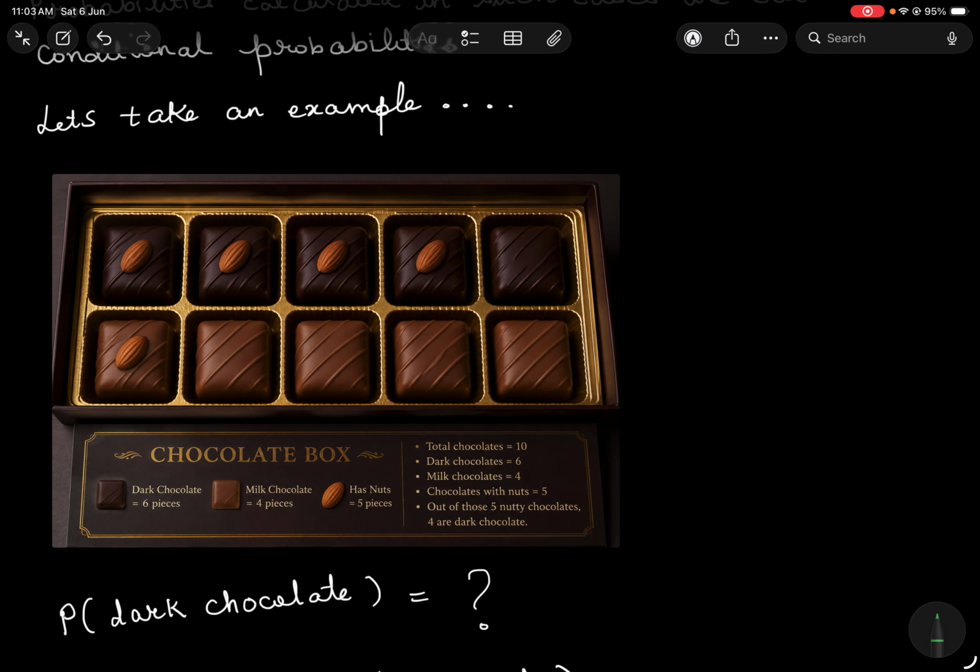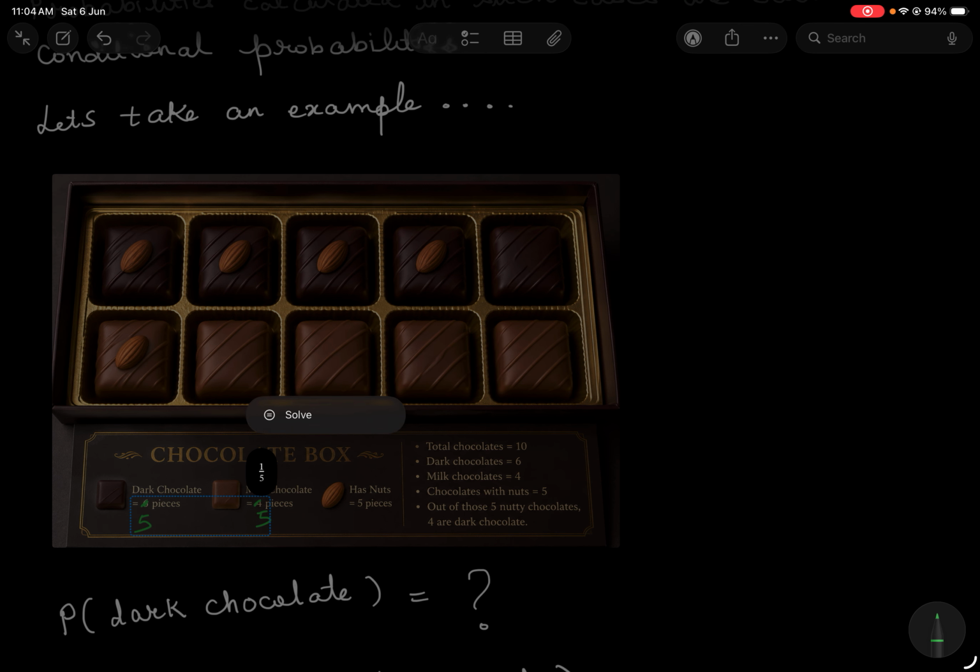So suppose I have a box of chocolates in which there are 10 chocolates, as you can see, out of which I have 5 dark chocolates and 5 milk chocolates. Okay, and just ignore what is written here. This is 5, as you can see, right? And this is 5. All right.